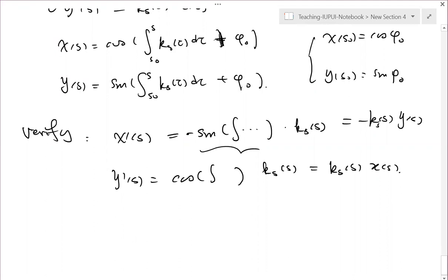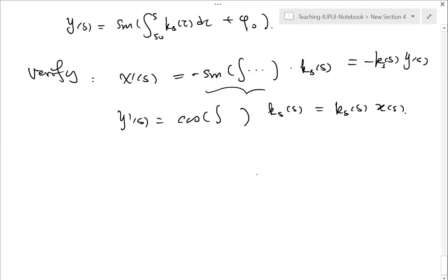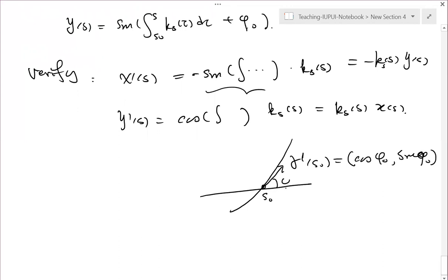So this phi is the angle. Let's take a picture. At this point, we have gamma prime, which is written in this form. So we can assume that this is phi.